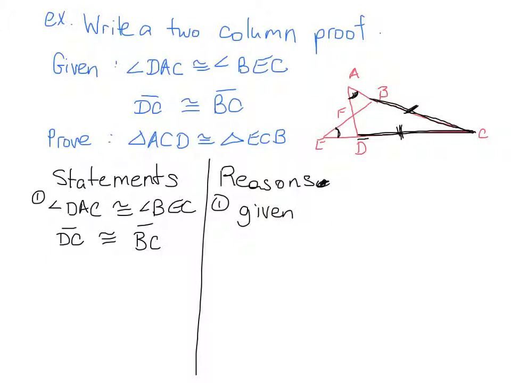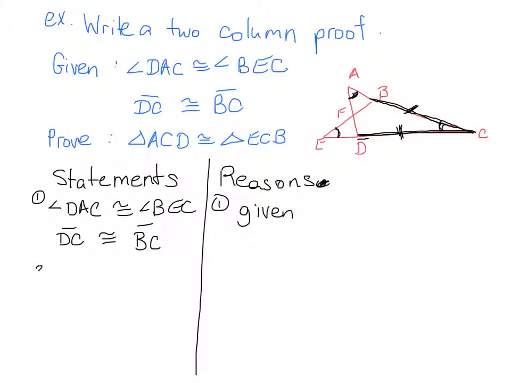So we have a pair of congruent angles and a pair of congruent sides, but we need a third thing. Now you may recall the reflexive property of congruence. Since both of the triangles share that angle, then that angle is equal to, well, that angle.